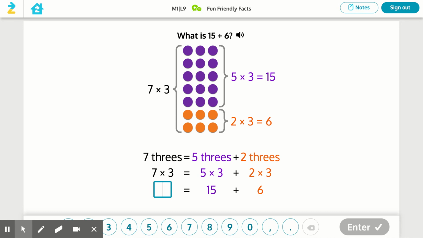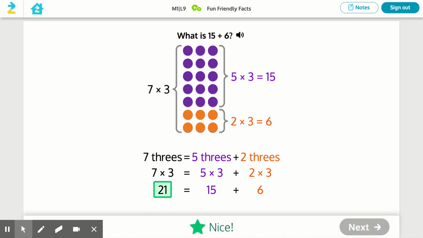Well, to find out what 7 times 3 is, all I needed to do was add my 15 plus my 6. And 15 plus 6 is 21. 7 times 3 equals 21.